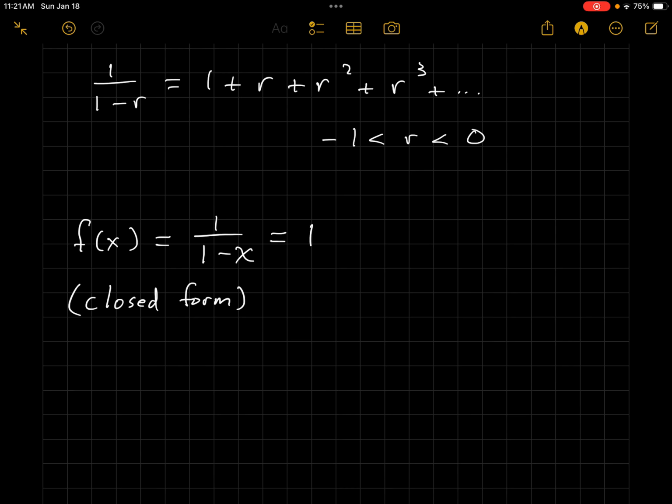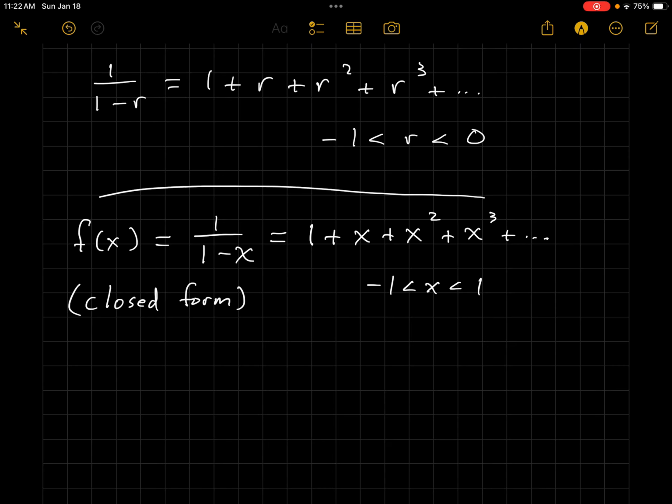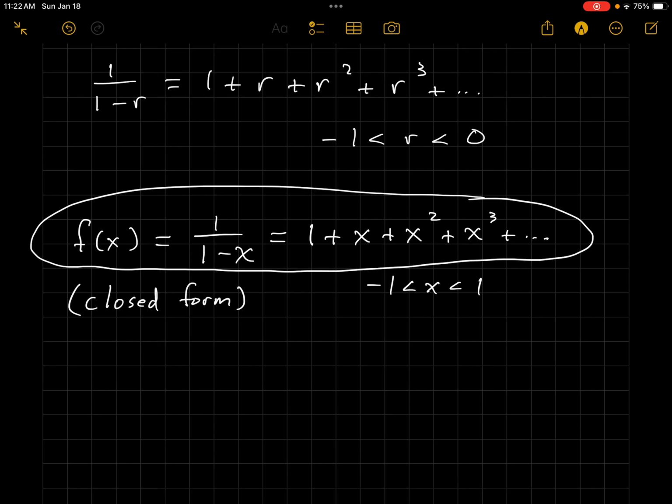But under certain circumstances, and this is the power of math that we will explore, this closed form function is exactly the same as its infinite series. In the next video, we will talk about why this matters and how we can use this.